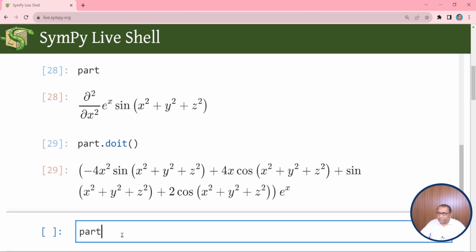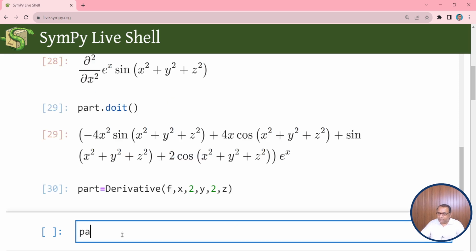If you have the partial derivative of f with respect to x 2 times, with respect to y again 2 times, and with respect to z, then enter.